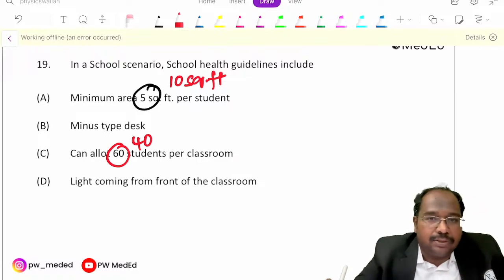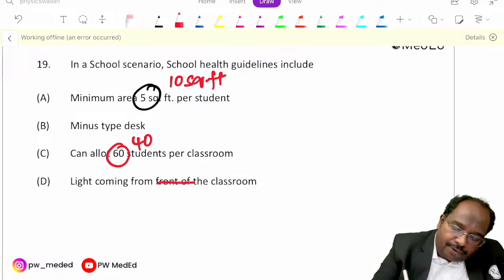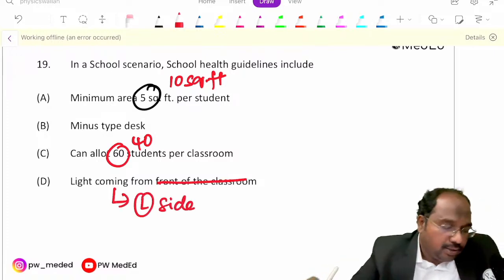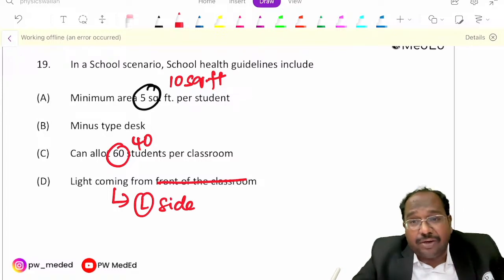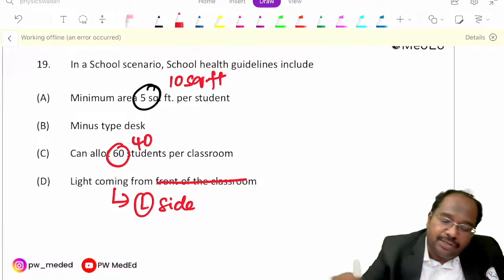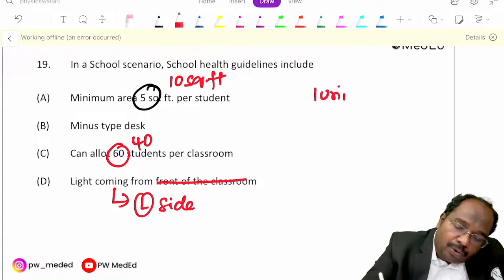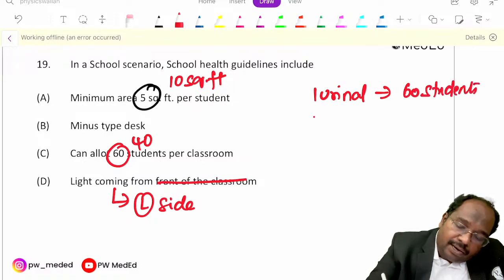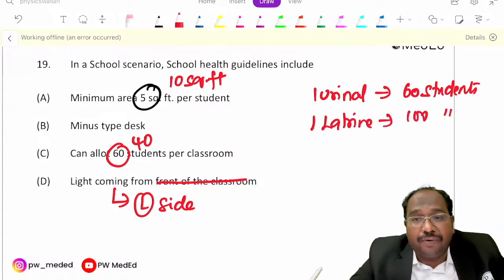Light should come from the left side, not from the front. There should be one urinal for every 60 students, and one latrine for every 100 students.